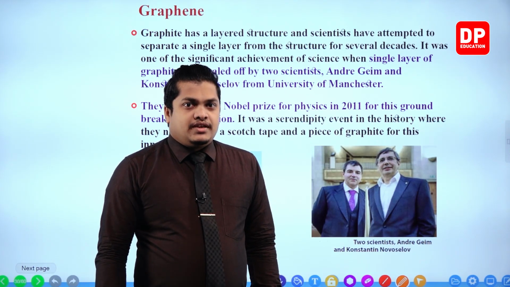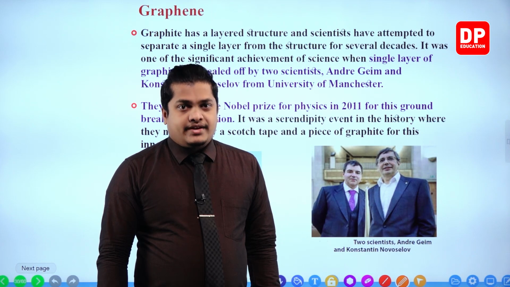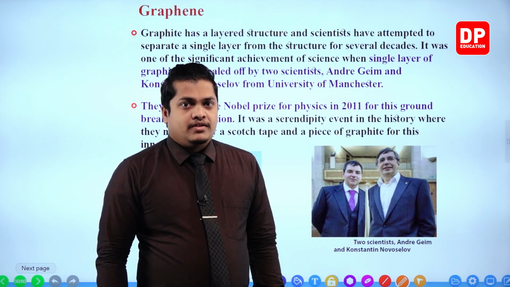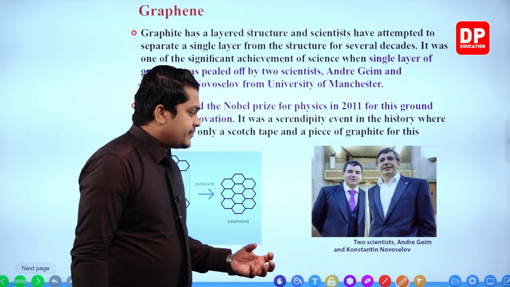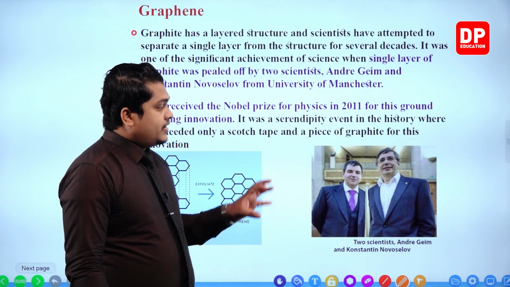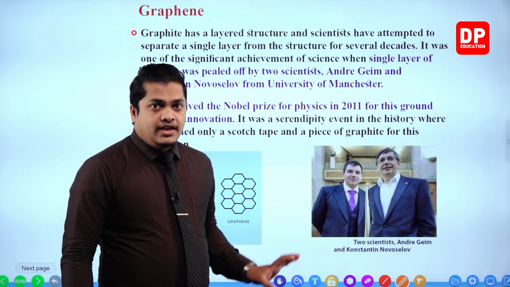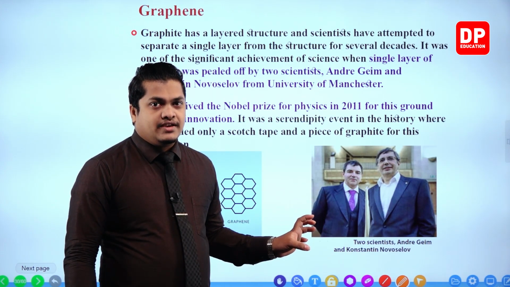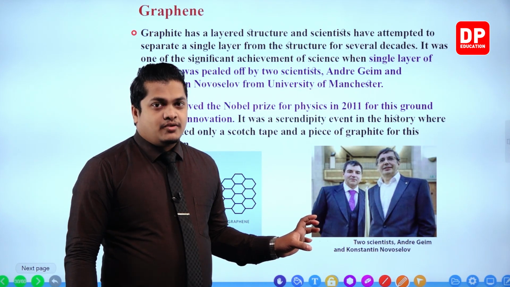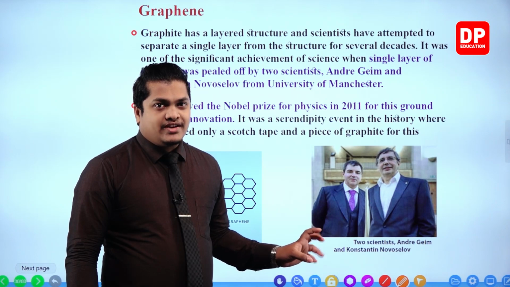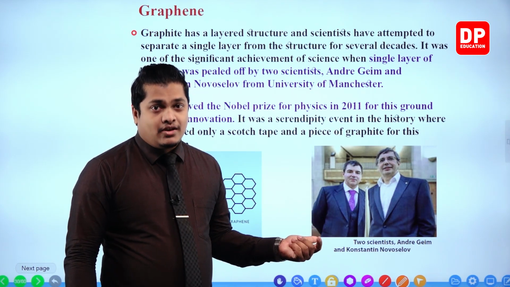However, even after trying for decades, they had no idea how to separate this. But these two scientists, Andrew Geim and Konstantin Novoselov, finally found out how to remove a graphene layer. Now, the funniest thing is that they needed only a duct tape, only a cello tape.